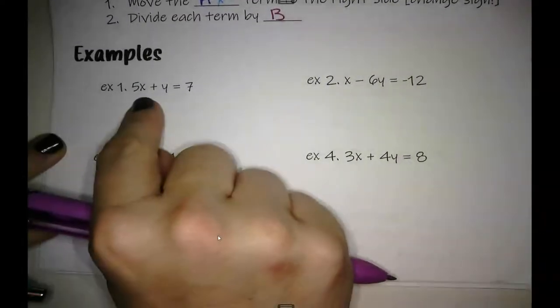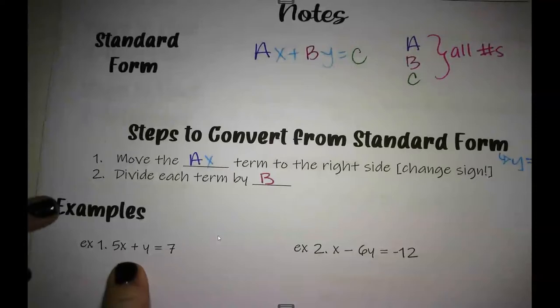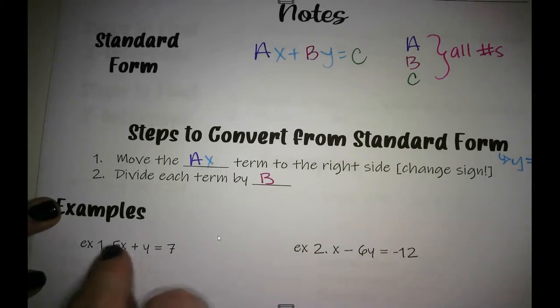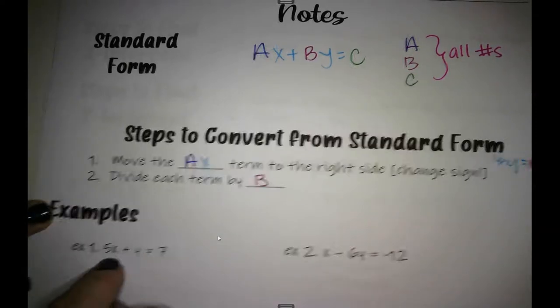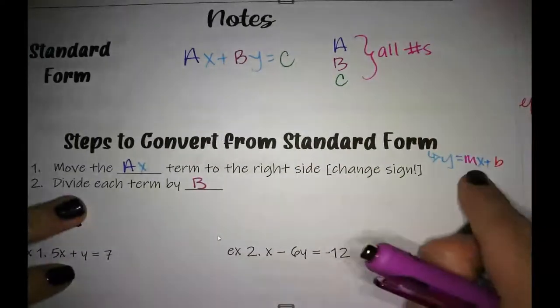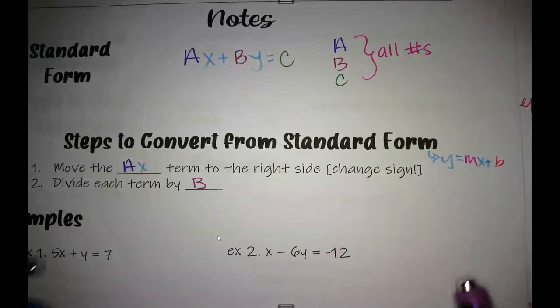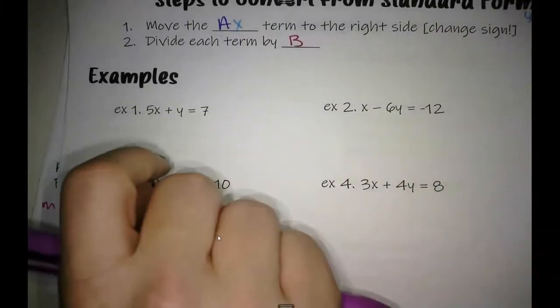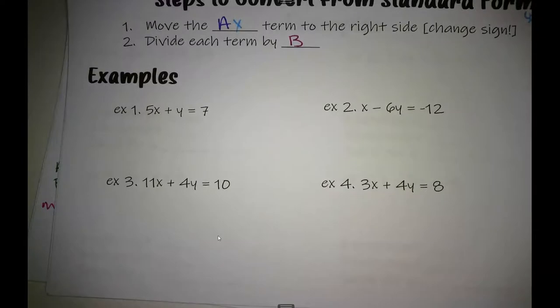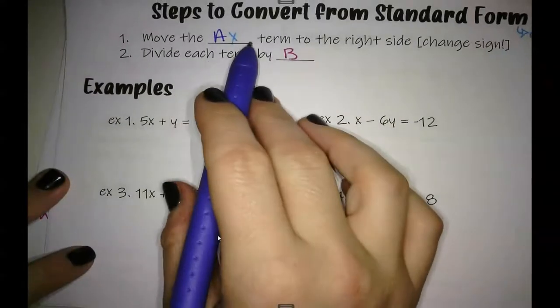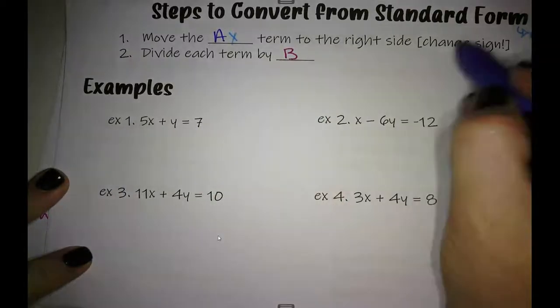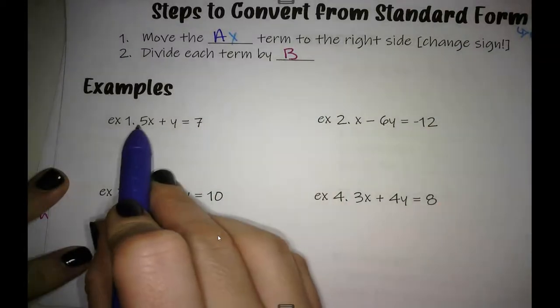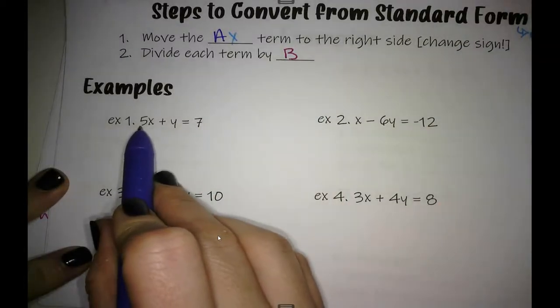We're in standard form, and you know we're in standard form because we've got the x and y on the left-hand side. The slope-intercept form has y on one side by itself. So if you see x and y on the left-hand side, then that means that you are in standard form and you need to convert it. So we're going to move the ax. It says change the sign. That means this is a plus 5x or a positive 5x.